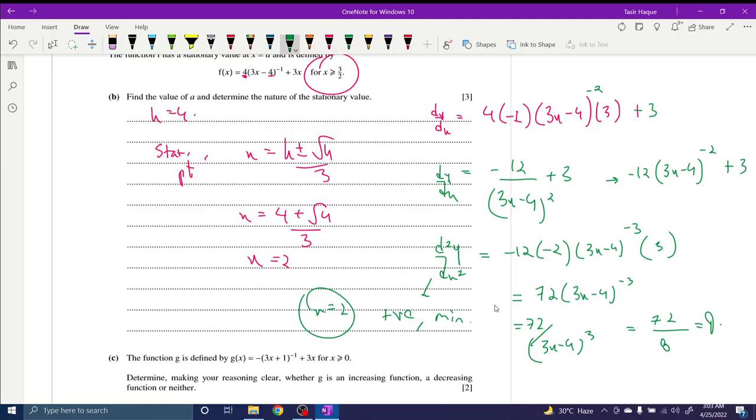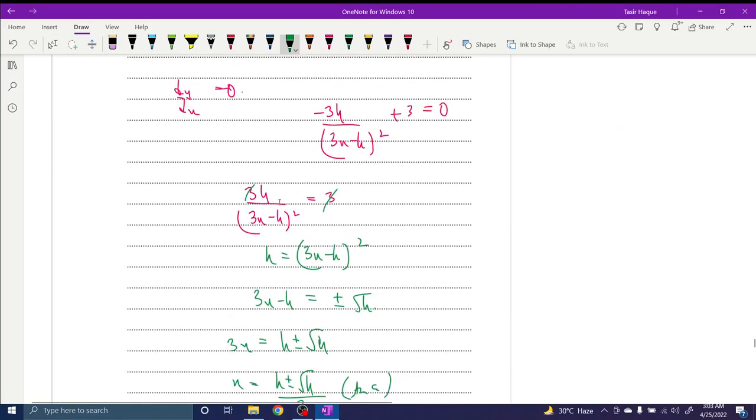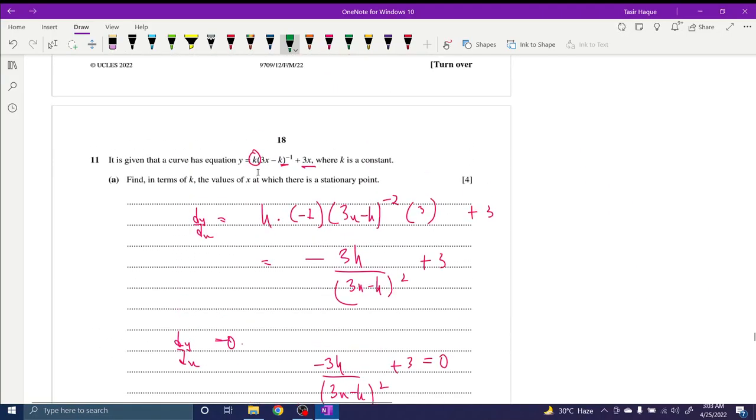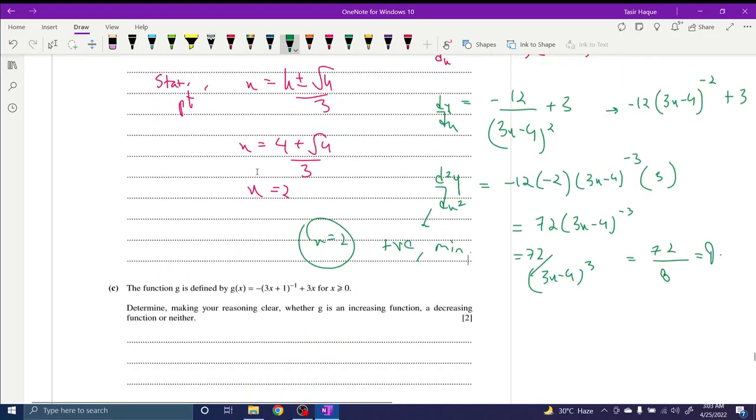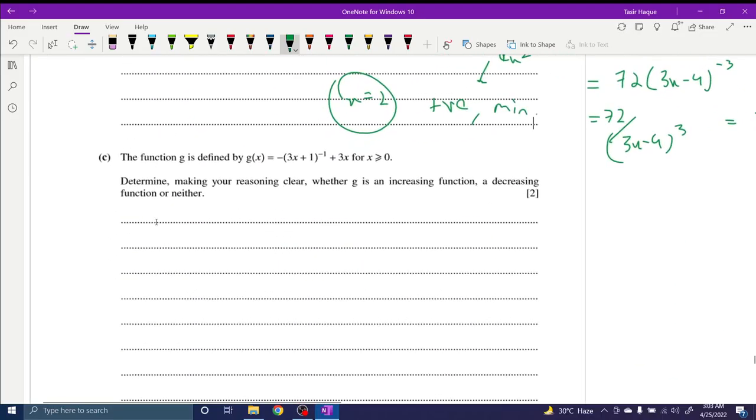Now we have the last question. The function g is defined by g(x). This is also the same one as this. What's the value of k though? As you can see, k takes a value of minus 1 here. So what is g(x) actually? g(x) is minus (3x plus 1) to the power minus 1 plus 3x.